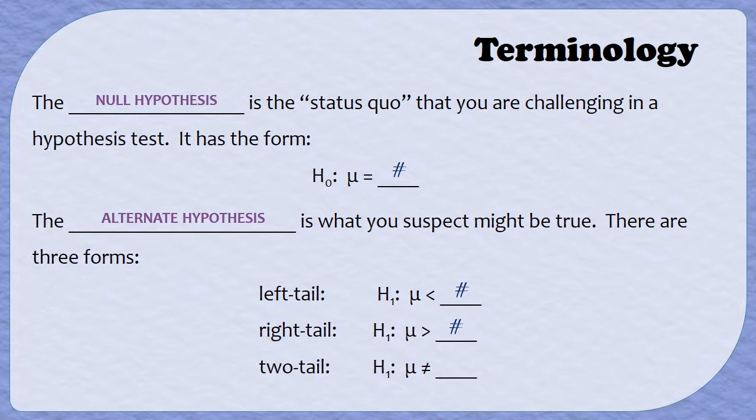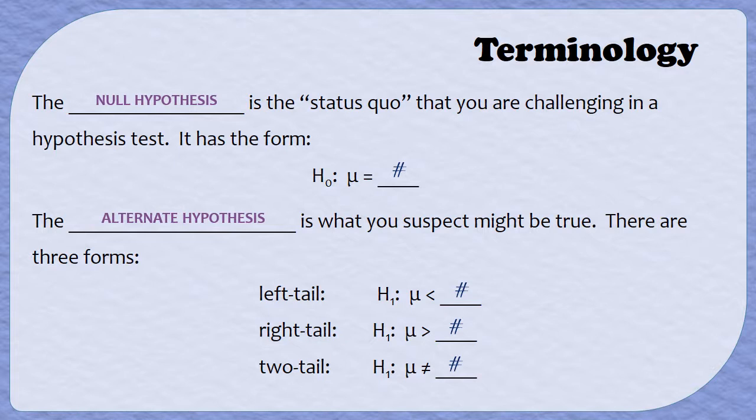And sometimes you might not have a suspicion in a direction. So you might not know whether the actual value is more or less. You might just think that it's not equal to, it's different from the claim. So that would be a two-tailed test. And they all basically look the same. The part that's changing is whether you use a less than, a greater than, or not equals to.